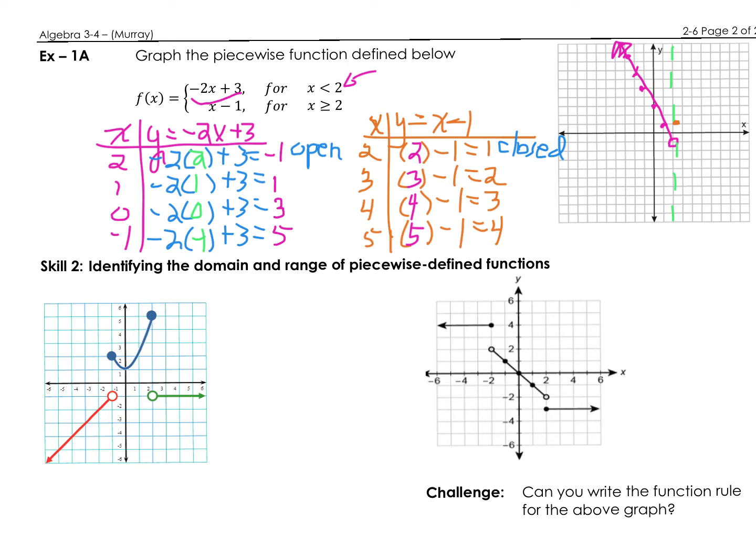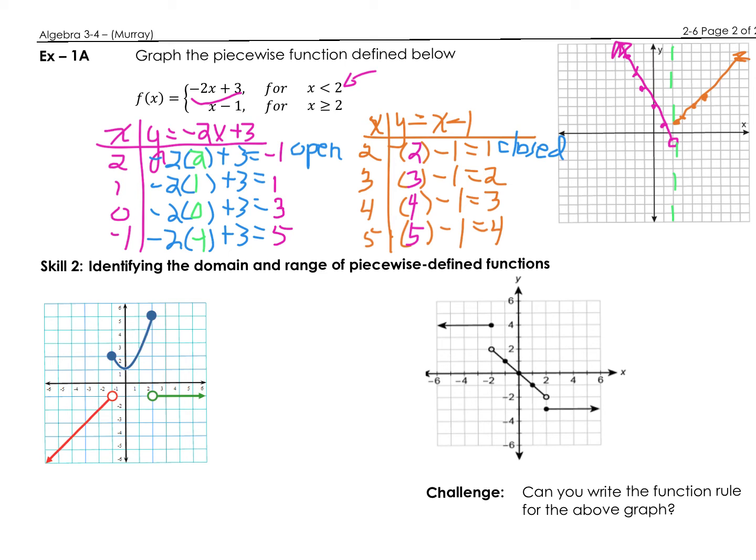And then 3, 2. And then 4, 3. And then 5, 4. And then you can draw a line going infinitely in that direction. And so it's a funky looking graph, and you can notice that there's this little gap right there.